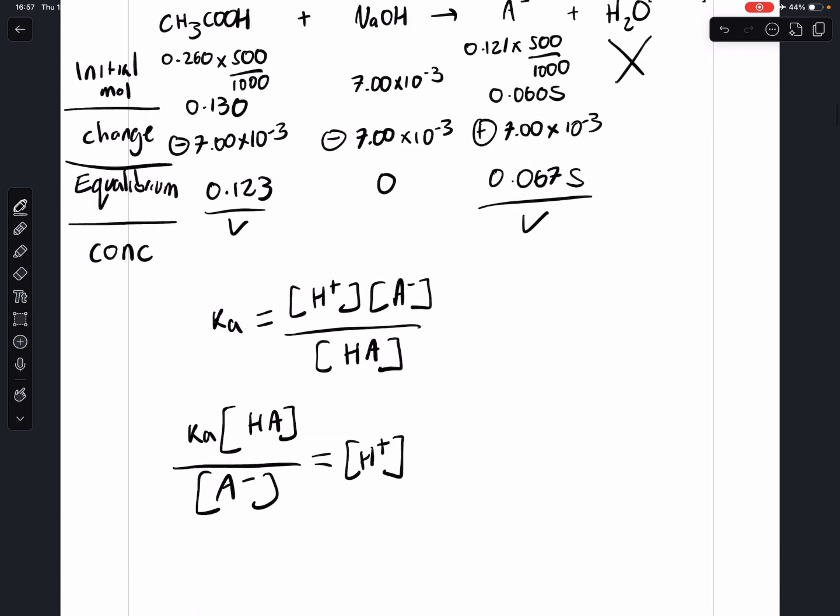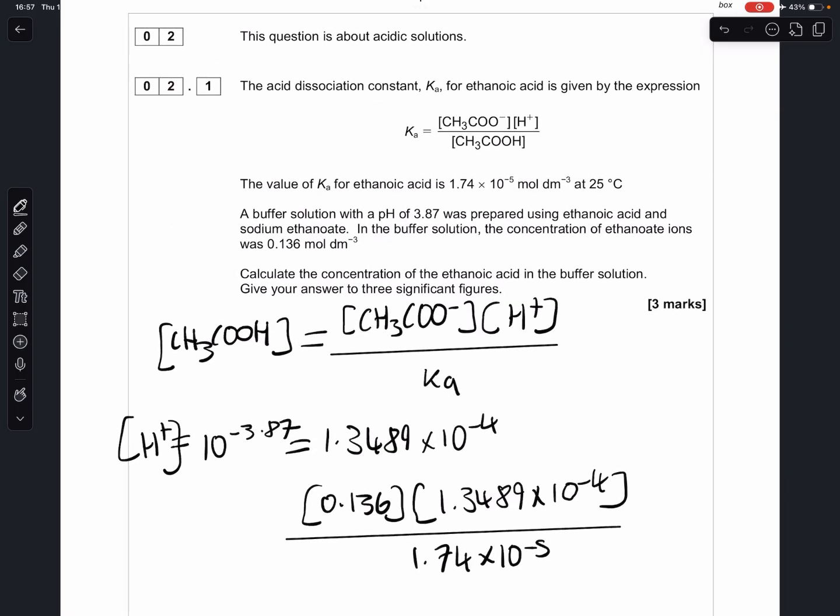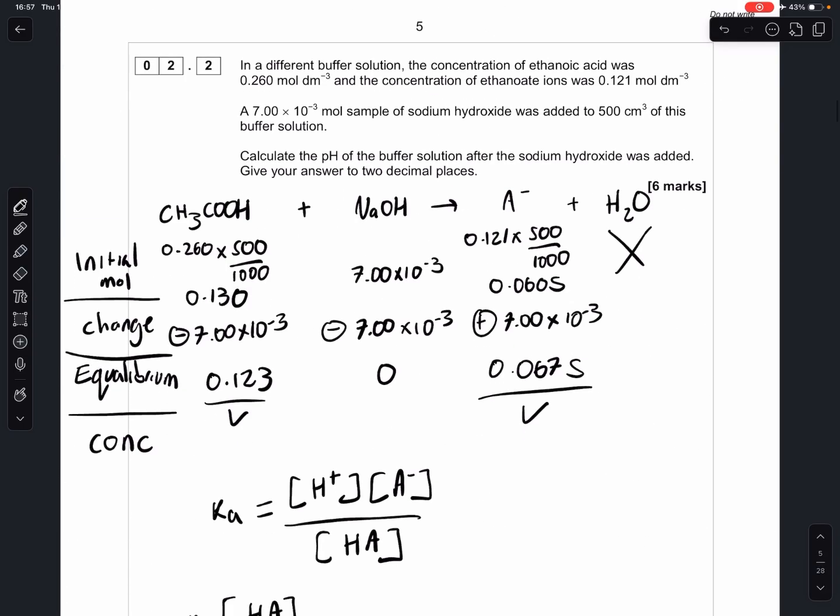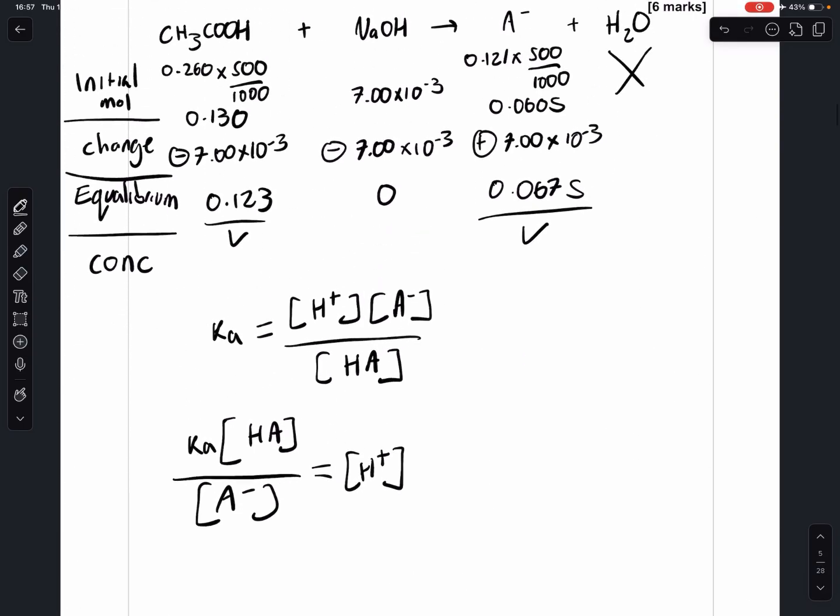Now we just want to put in our values. We know our Ka value for ethanoic acid, same acid, is 1.74 times 10 to the negative 5. And we already have the concentrations for HA and A minus.